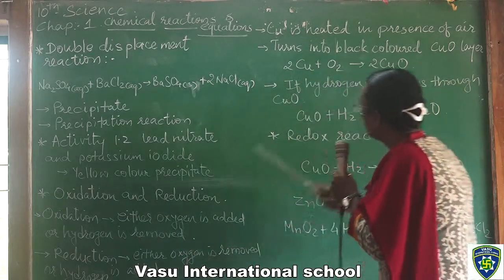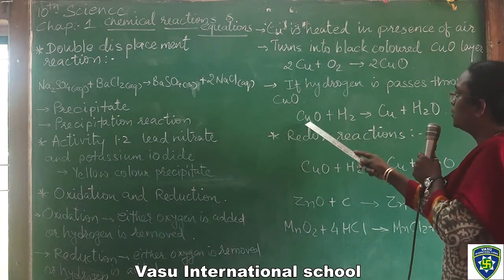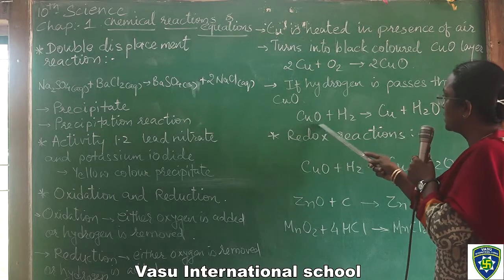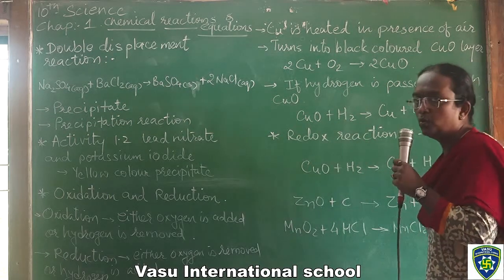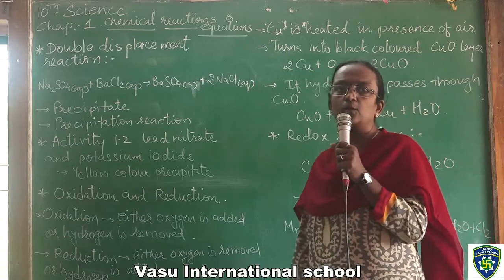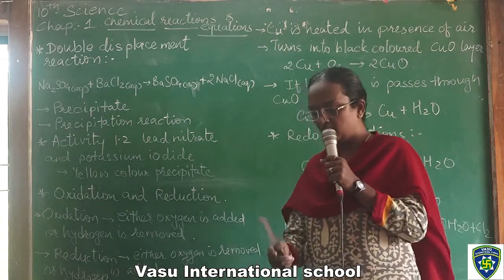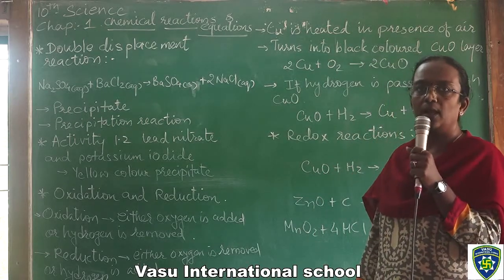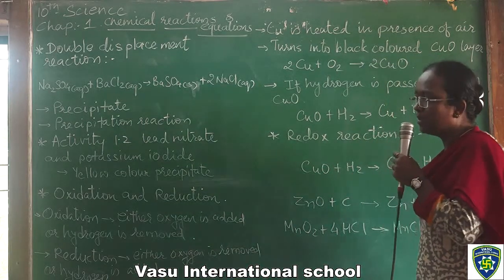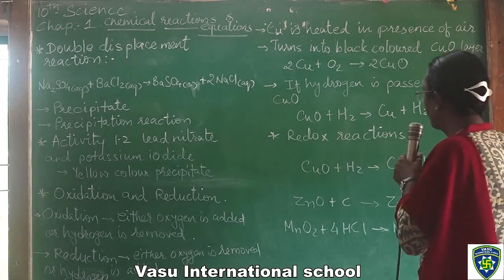At that time oxygen will be removed and hydrogen is added, that is copper oxide plus H2 gives you copper plus H2O. That means the black colored copper oxide powder will again turn into red colored original copper powder and H2O will be removed in the form of vapor.